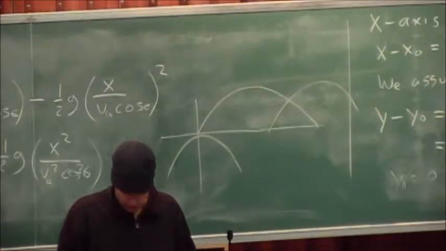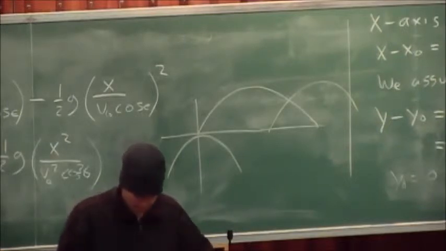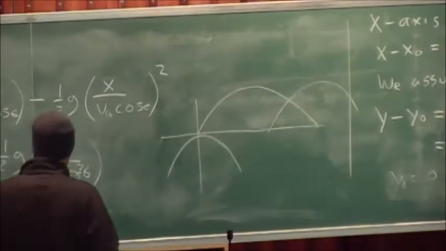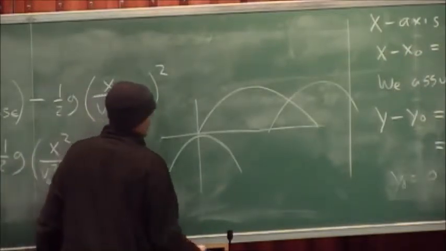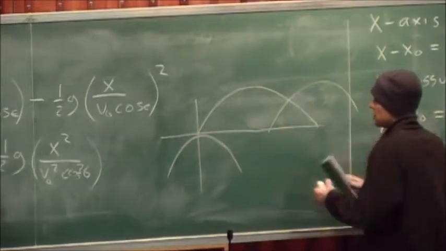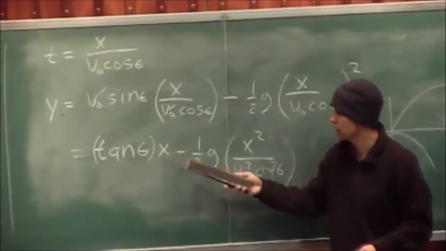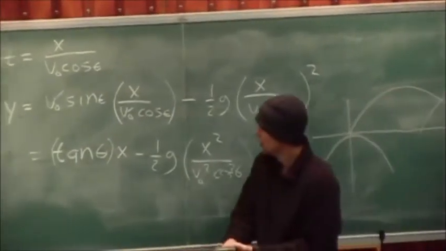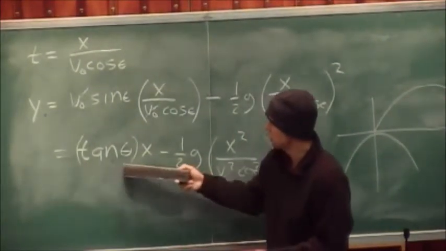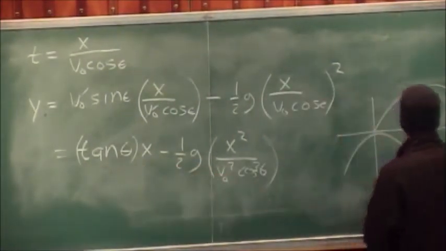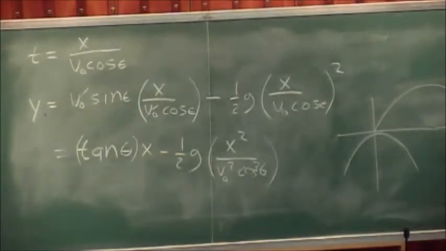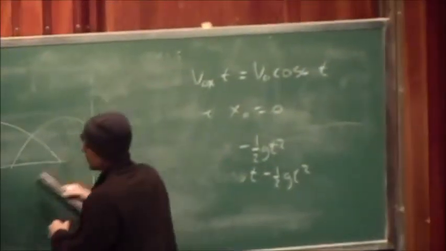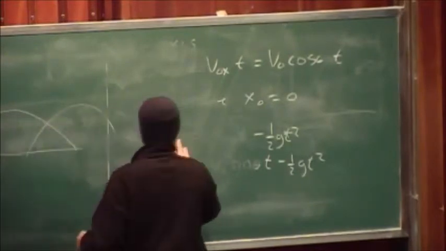So anyway, what you can see is that this gives us this parabolic trajectory, this gives us the initial information about the system, and this defines a curvature.